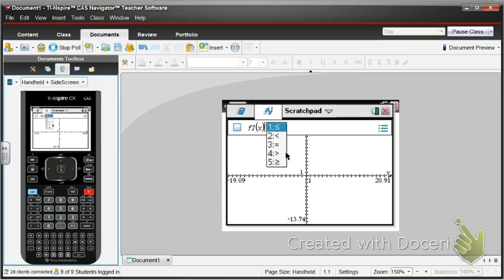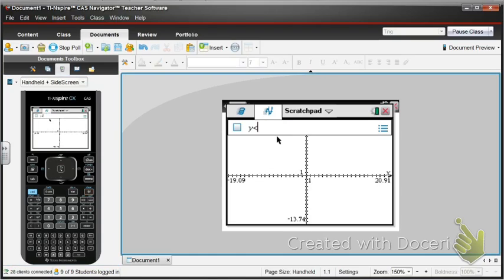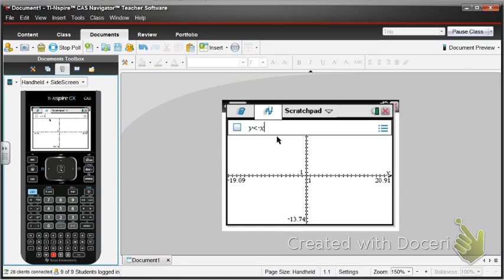So I am on page 261, and I'm just typing in example problem 4. It says y is less than or equal to, so I'll choose that, negative x squared minus 9x minus 2.